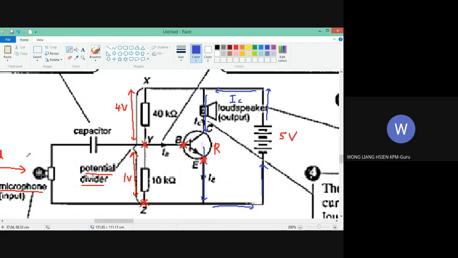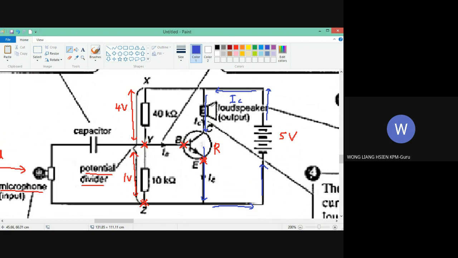So the frequency of the sound is the same as the frequency of the voltage produced by the microphone. And then that frequency will be the same as the frequency of the changes in the voltage of the base emitter. So the resistance changes up and down, also the same frequency. So the collector current goes up and down, strong and weak, also the same frequency.